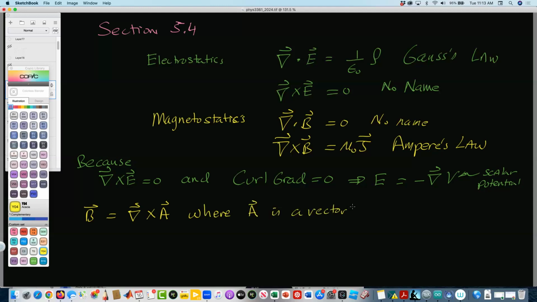This is the only one you're probably going to hear about unless you go to grad school. Unlike V, it's not a scalar, it is a vector, which makes it more of a pain, as vectors are, but there you have it.